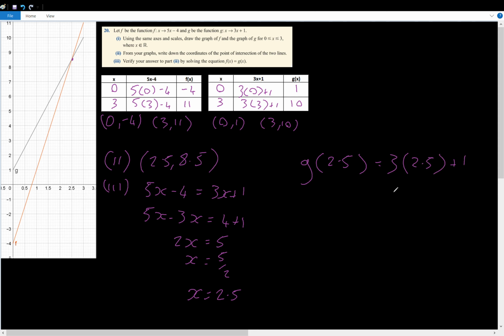Well, 3 multiplied by 2.5 is 7.5, and 7.5 plus 1 is equal to 8.5. So what we have found now is that they intersect when x equals 2.5, and when x equals 2.5, then the y value will be 8.5. And that has verified our answer from part 2. And that is that.